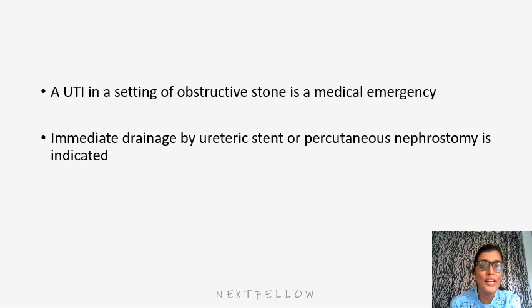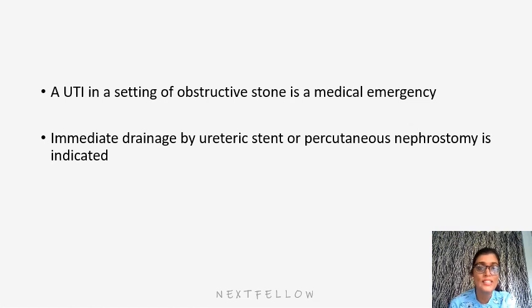So, a urinary tract infection in a setting of an obstructive stone, a completely obstructive stone, is a medical emergency, because if you don't relieve the obstruction, the infection will spread through the upper part of the kidney, and the stone will also act as a nidus of infection, and ultimately will end up damaging the entire kidney.